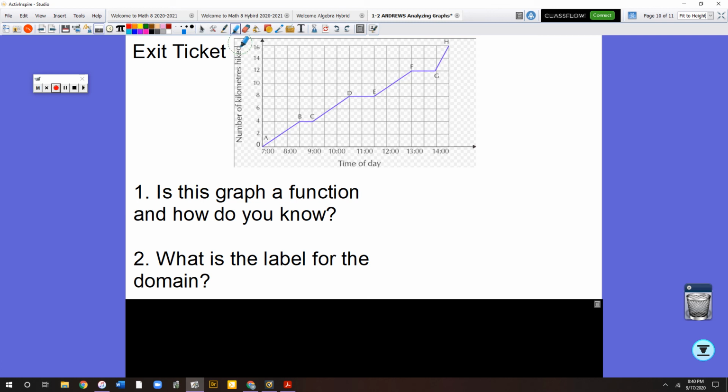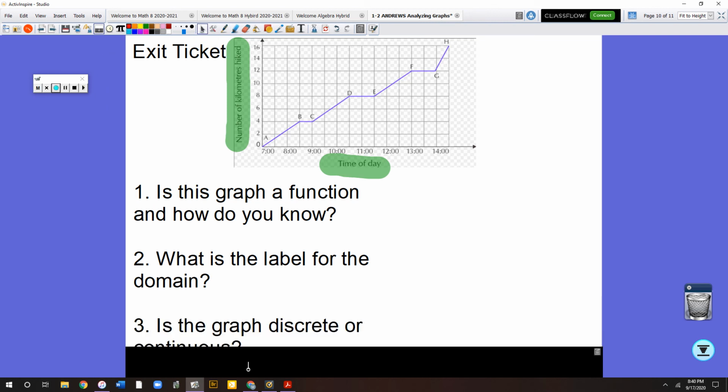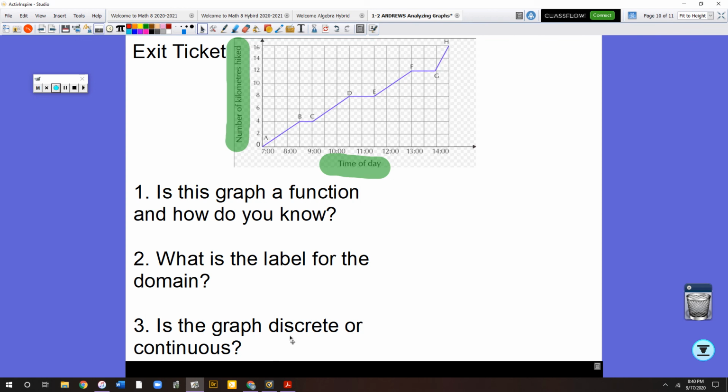It's either the y-axis or the x-axis. One of those is the domain. Is the graph discrete or continuous?